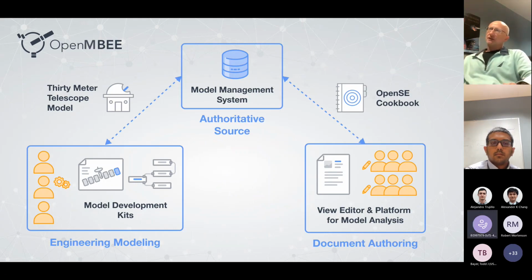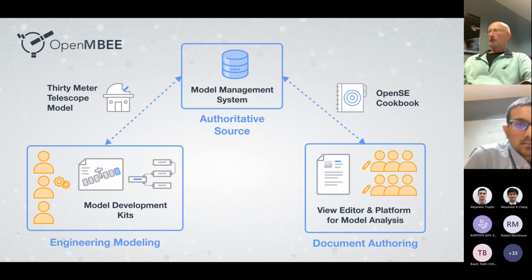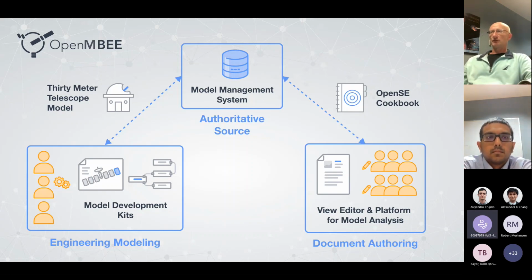So here we see an example of how that could work. You have two roles. Well, you have the model development kits for the engineering model that do the integration, right? And you have some authoritative source, which is the model management system. Again, it does not replace other repositories. It's rather you put everything there that you want to cross-reference in one way or the other, either through a model development kit, through the REST API, whatever.